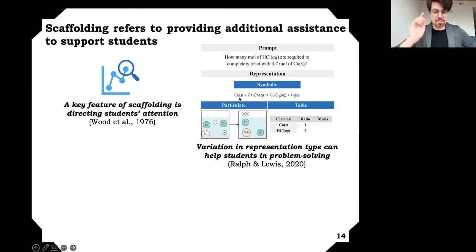If I remember this paper right, what they found was that the table was the one that supported students the most. So maybe what you're describing is that students are struggling with a new representation. Maybe there are some issues related to interpreting particulate diagrams, or interpreting the symbolic representation. But as a way to organize the relevant information, the tables seem to really help as a scaffolding tool.